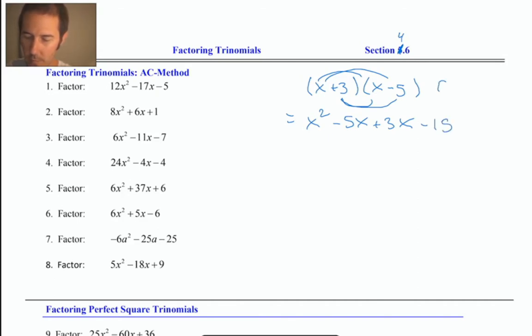So that was the FOILing process. This was the F, this was the O, the I, the L. And then we combine like terms, CLT, and we get x squared minus 2x minus 15.